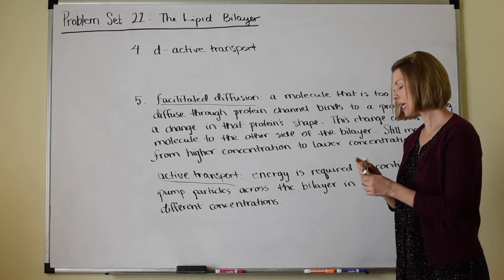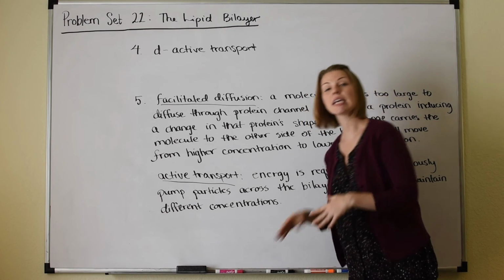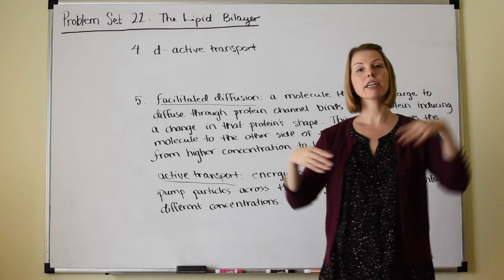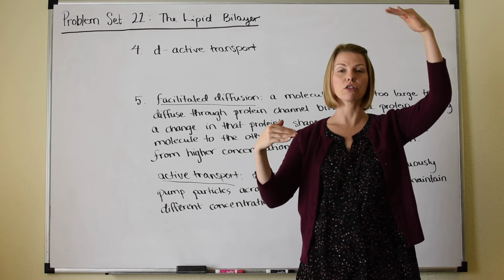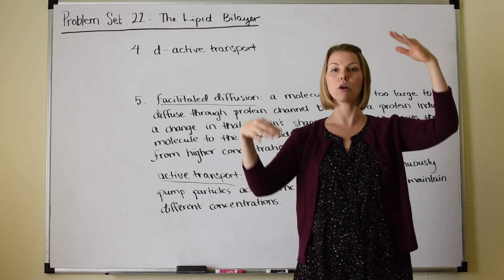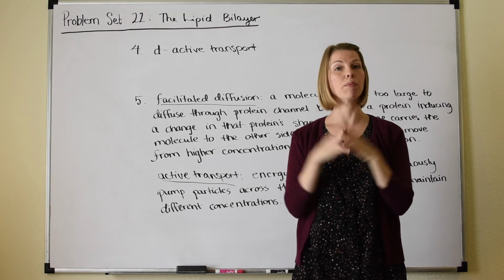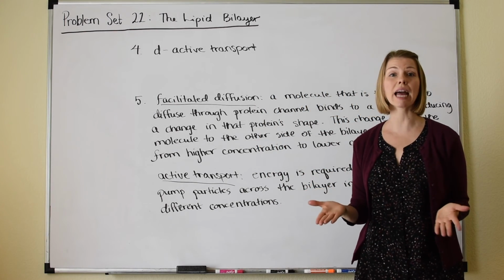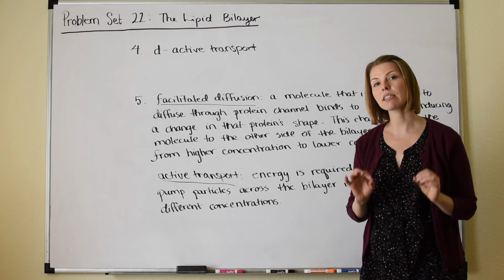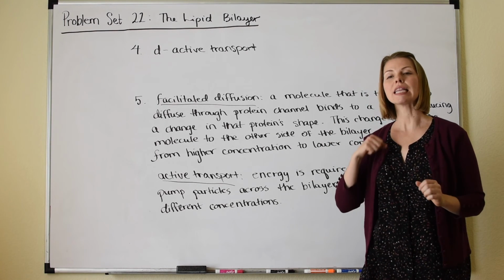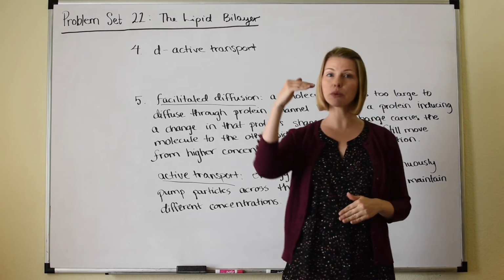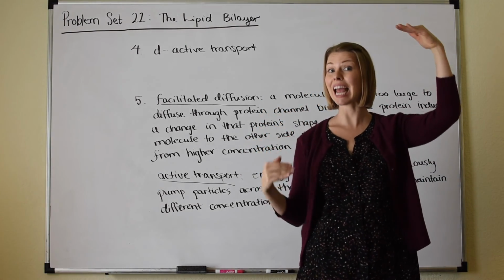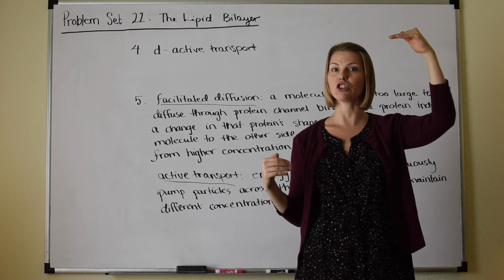Okay, so the key difference here is that in facilitated diffusion, we're talking about the natural tendency of molecules to flow from higher to a lower concentration until they even out on both sides. This does not take energy. This happens naturally. In active transport, we're talking about the use of energy to continuously pump particles across the bilayer and maintain different concentrations.